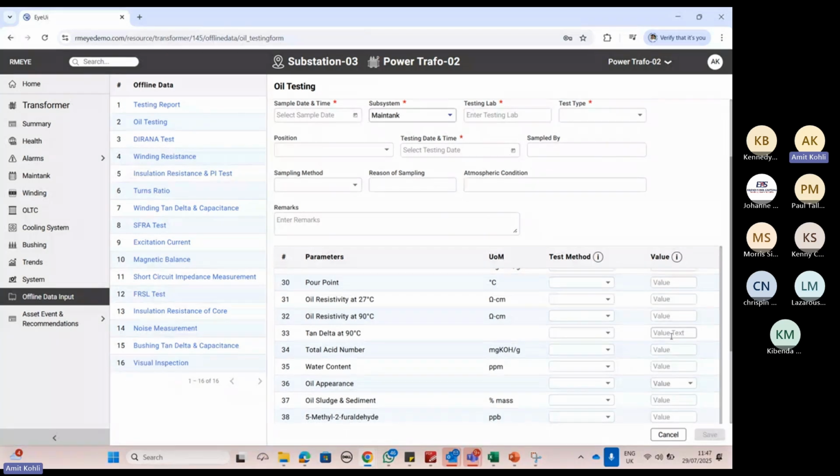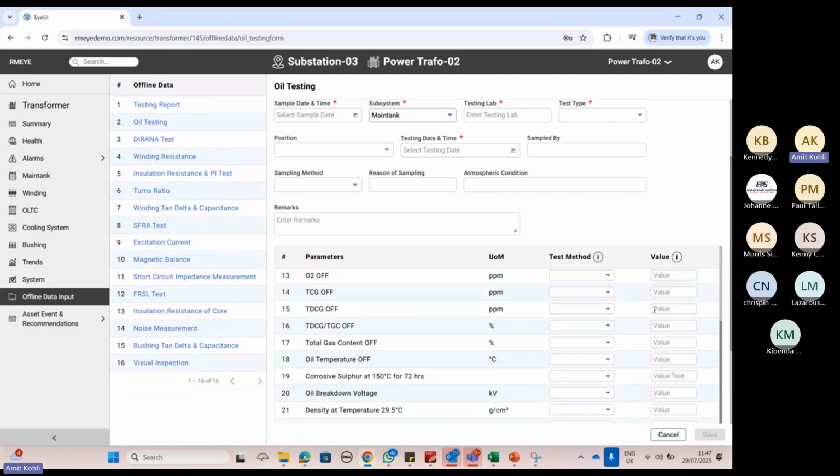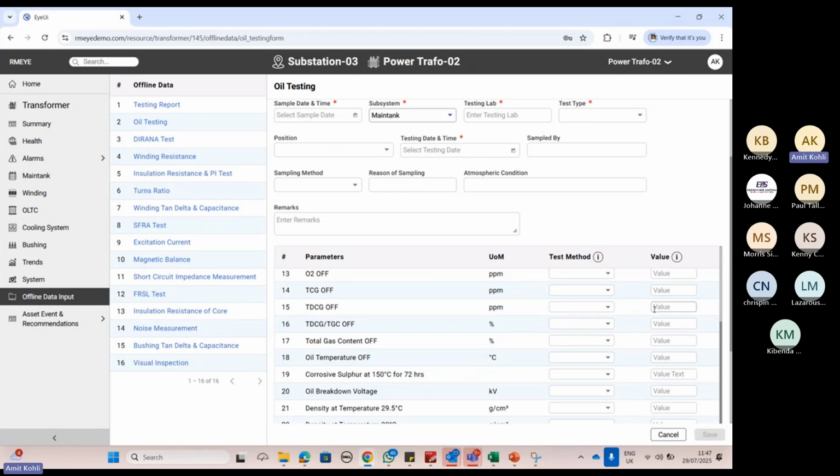Okay. Now, many customers are telling me that this is too cumbersome to enter the data here manually. So what we have given is a generative AI based tool that can read your oil testing result file, whether it is in PDF format, Excel format, or any other format. It can read that file and enter the data automatically.